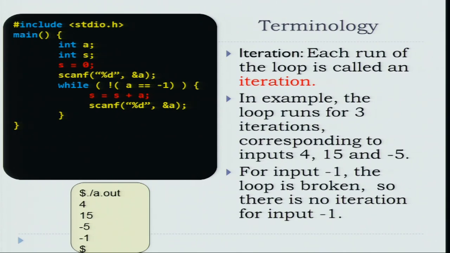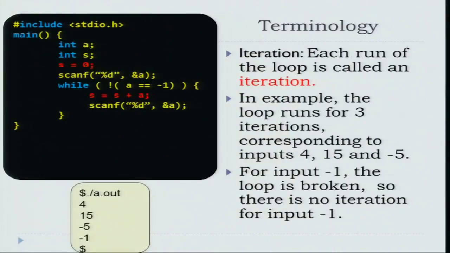For input minus 1, the loop is broken, so you do not enter the loop, and you do not count an iteration corresponding to minus 1. So, you entered 4 numbers including the minus 1, and the loop executed 3 times. So, you say that the loop had 3 iterations.